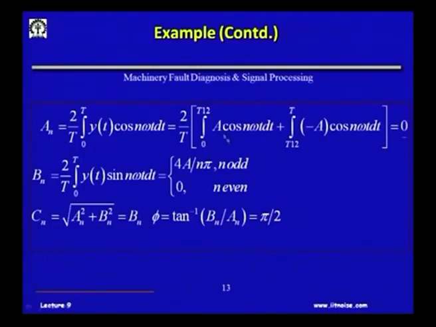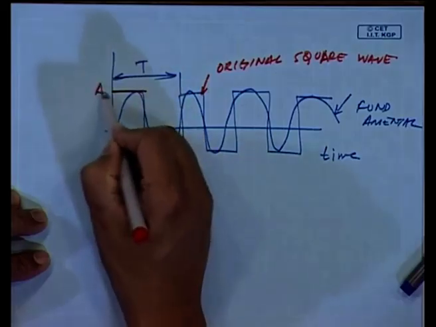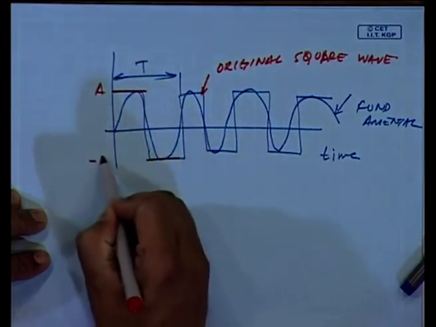There is a typo here, this is not 1, this is T by 2. So, 0 to T by 2, this is A, and T by 2 to T, it is minus A, the second half.